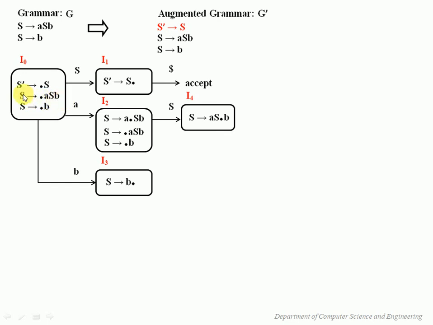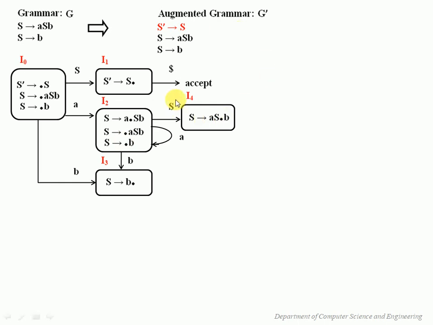There, on A it went to I2, so here also it is the same scenario, so you should have a loop for A transition, because from I2 on A it goes to I2 itself. Similar is the case with terminal B, from I2 on B you reach I3.